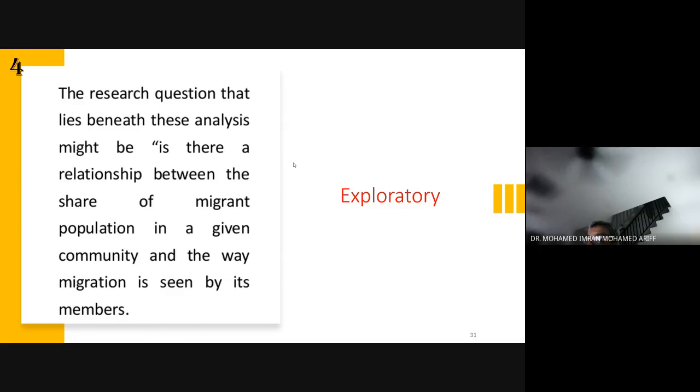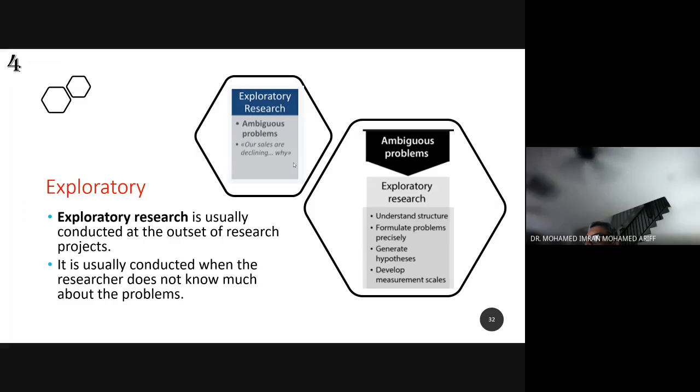This is exploratory. You only want to find out, to explore, is there any relationship? It is usually conducted at the outset of a research project, when the researcher does not know much about the problem. You do not know much about the problem, but you think there is something wrong.